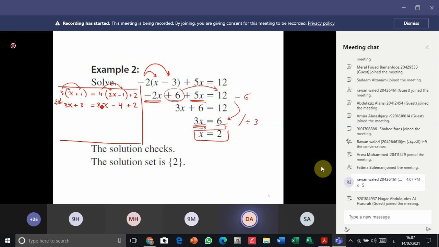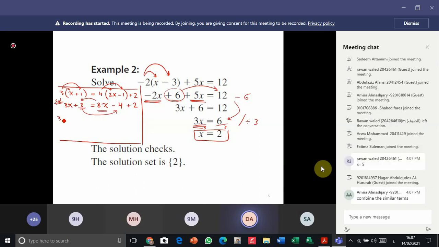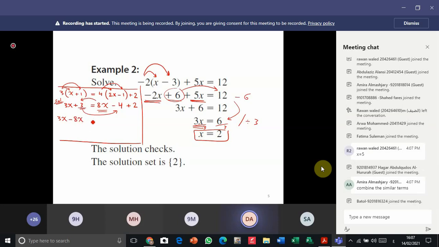We must move any terms in x to the left hand side and any numbers to the right hand side. So we have 3x minus 8x equals negative 4 plus 2, minus 3.